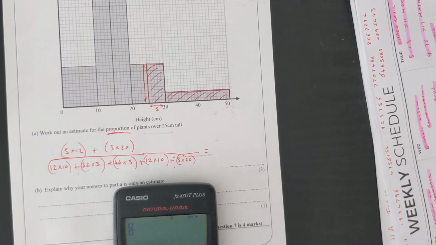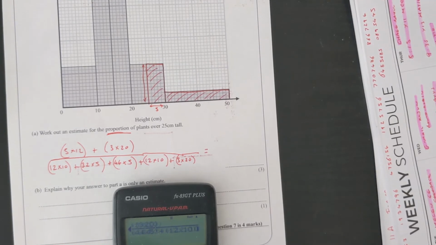So I'm going to set up my fraction, 5 times 12 plus 3 times 20, and then dividing by 12 times 10 plus 32 times 5, plus 44 times 5, plus 12 times 10, plus 3 times 20.